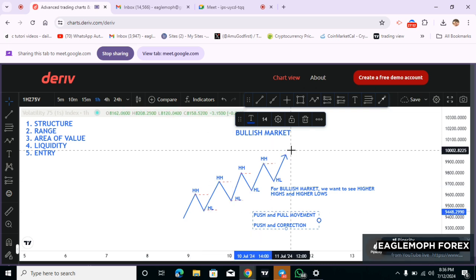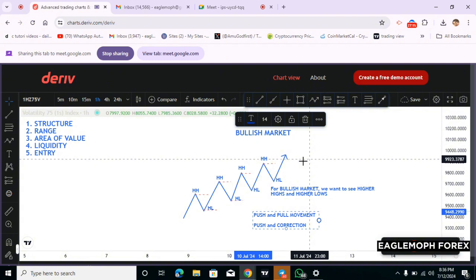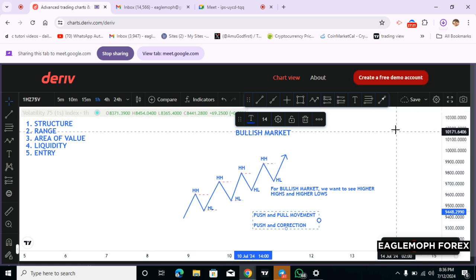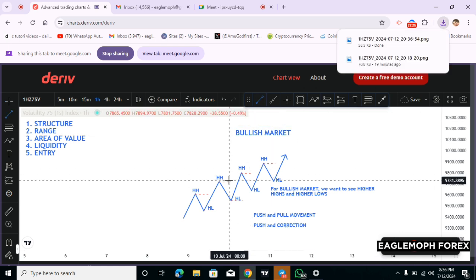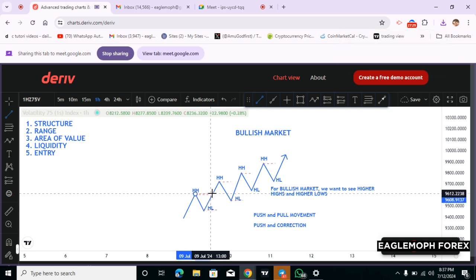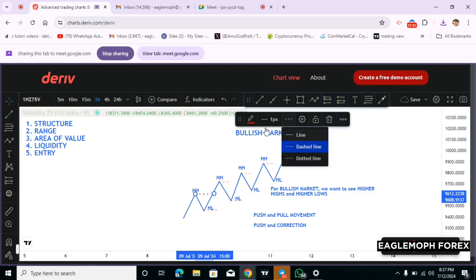Now, another important thing about a bullish market is this: when this market is occurring, let me save this. I can send it to the group. So for a bullish market, one other important thing you would like to see is these highs being broken.